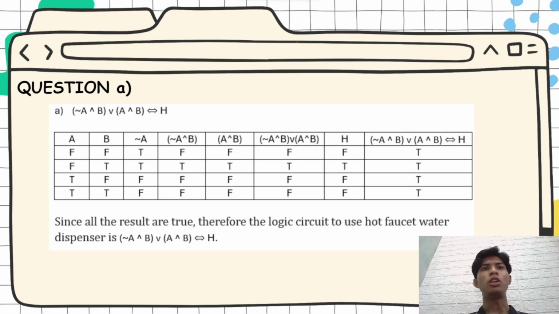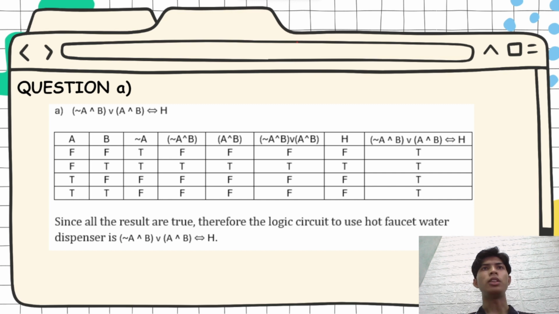Firstly, we need to use a truth table where the first column is A with values false, false, true and true. And the second column is B. The values are false, true, false and true. And the third column is not A with values true, true, false and false. And the fourth column is not A and B with values false, true, false and false.